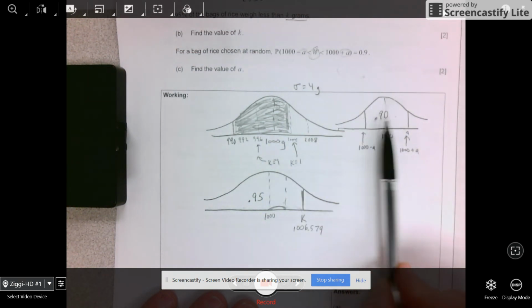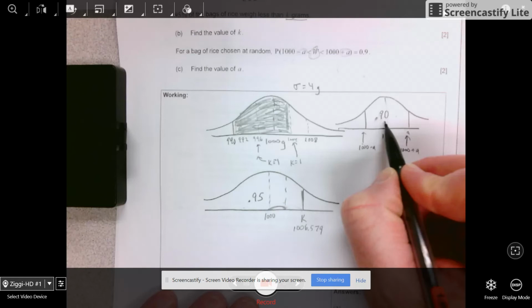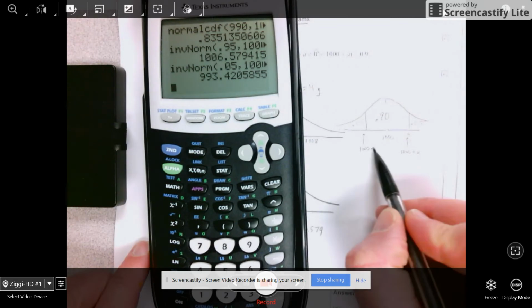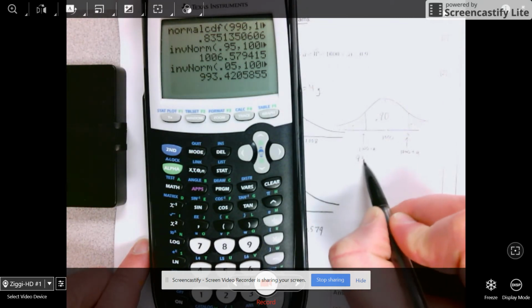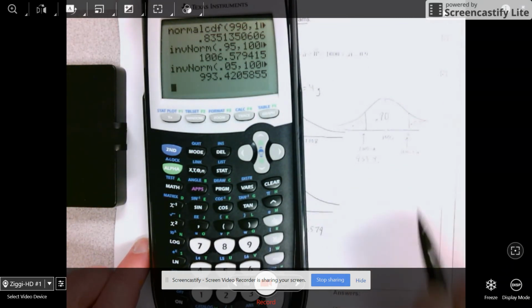So I'm really doing inverse norm with 0.05, and that's 993.4 here. If I take that and subtract it from 1,000, that's 6.58. That gets me the value that makes this true. So it really goes from about 993 to 1,006 or something like that. They just want to know that A value, which is 6.58.